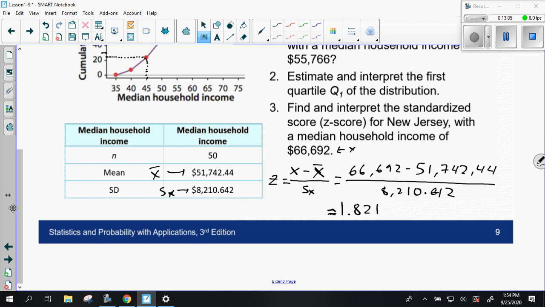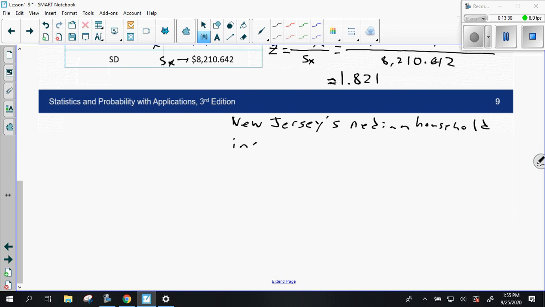Well, we would say that New Jersey's median household income is 1.821 standard deviations away from the mean.